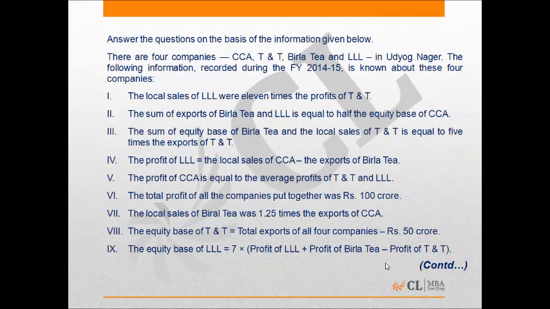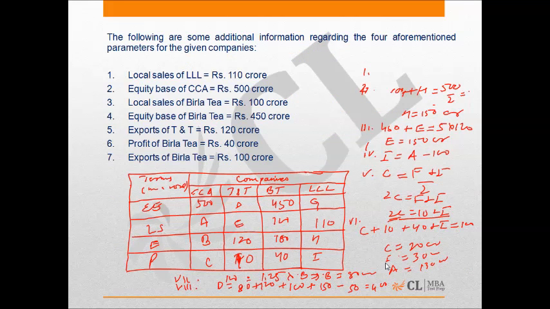Now coming to the last statement, it states the equity base of LLL is equal to 7 times the profit of LLL plus profit of Birla Tea minus profit of T&T. So from this statement we'll get Z as 7 into (I plus 40 minus F), where F is 10.